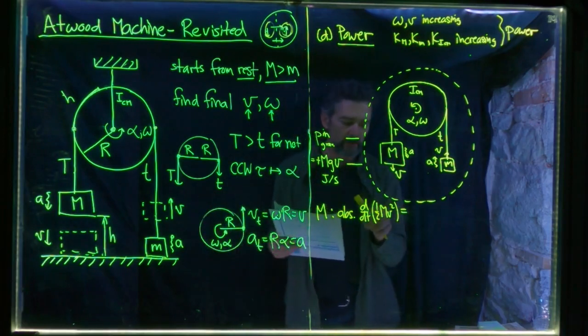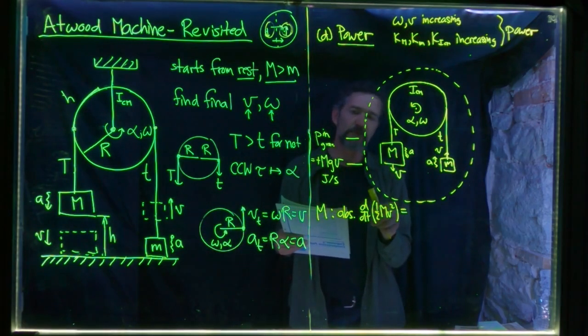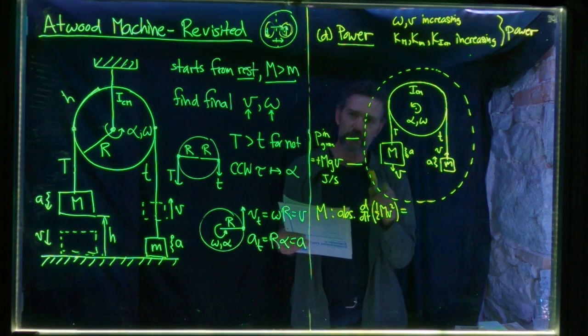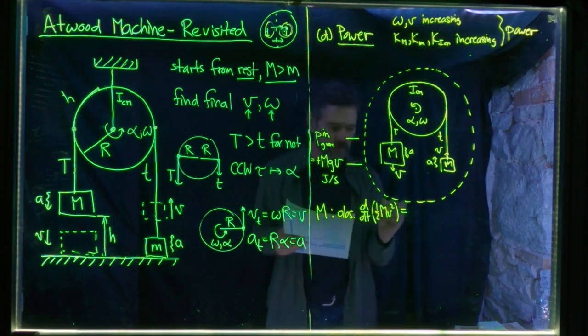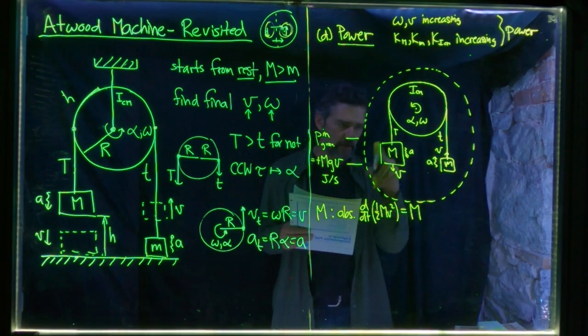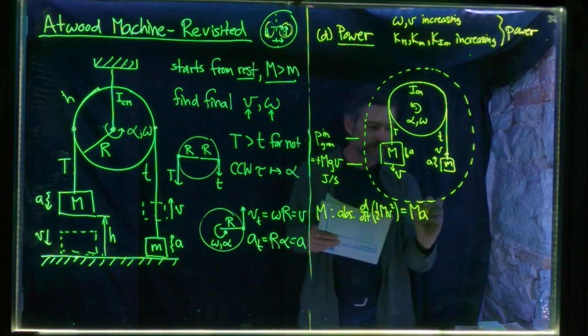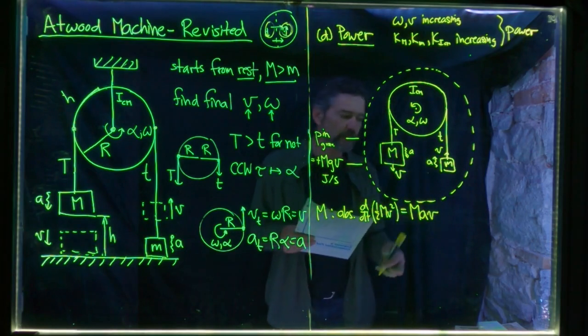Well, M is constant, so the time derivative of v squared is 2v times the time derivative of v, which is the acceleration. So we get mass times acceleration times velocity. This is what this thing is. So it's the mass of this block times the downwards acceleration of that block times the downwards velocity of that block at any instant of time.